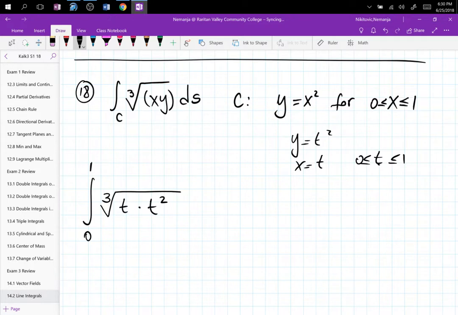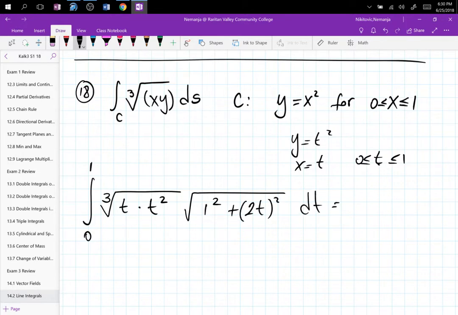So you see that that cube root is going to be very handy there to kill the cube on t's, right? And then we have the square root of the derivative of x, which is 1 squared, plus derivative of y, which is 2t squared, and then we have dt.